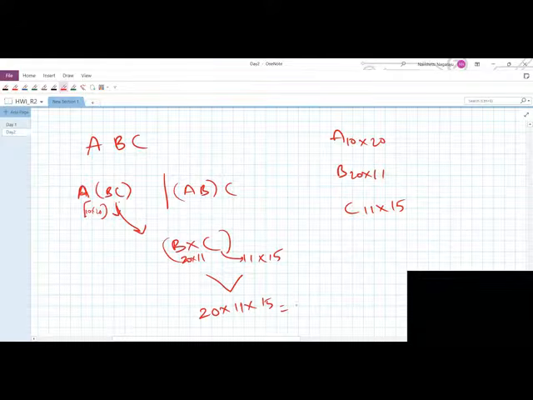That is 20 into 11 into 15, which is 3,300. And the resulting matrix will be of size 20 cross 15.